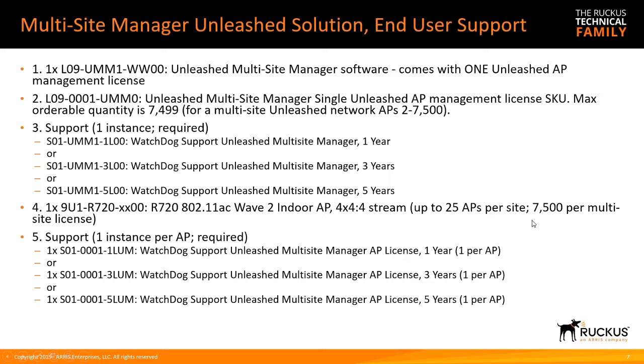That is now 50 per site for the latest version of Unleashed. And then support on the multi-site manager per AP. So depending on the number of APs you purchased here, and the number of licenses you purchased up here, you're going to purchase support on those licenses. Again, 1, 3, or 5 years.